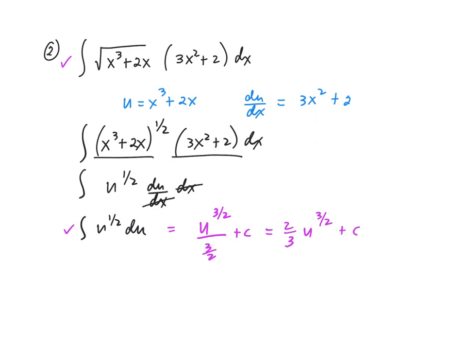And the last thing that you need to do is to just put u back. Since u is equal to x cubed plus 2x, our final answer would be 2/3 times x cubed plus 2x to the power of 3 over 2 plus c. And you can leave the answer that way. You don't have to put it back into the root, the square root format.